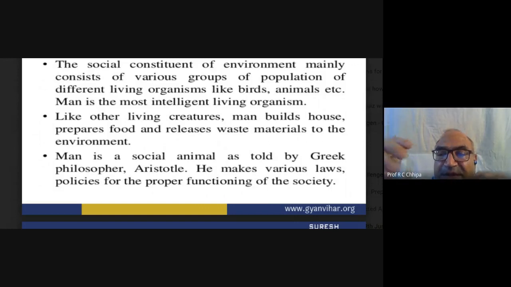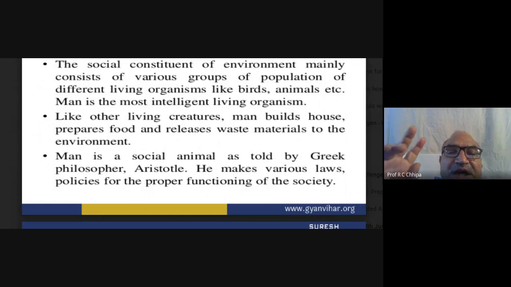Then we have multicellular organisms. Birds and animals are part of the social structure. Different birds, in the morning and evening, fly in a group and maintain their discipline. That discipline itself is the social part.